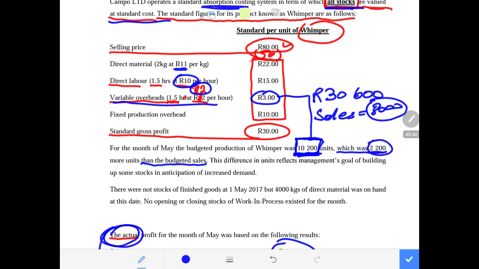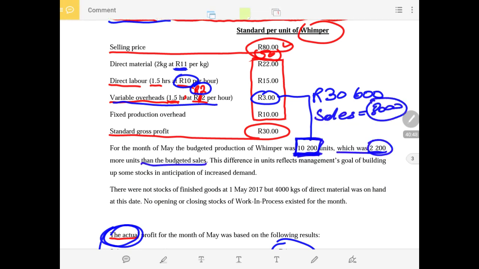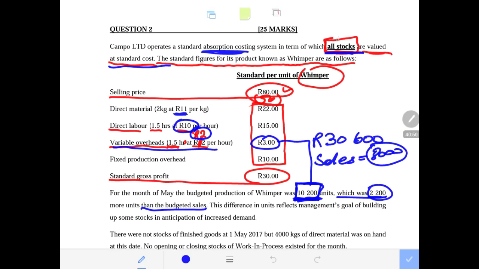So now remember, all stocks are valued at standard cost, and this is stock or inventory. All stock are valued at standard cost. Then the question is, this is the closing inventory. We need to know the total cost per unit standard. This is our standard cost, and our standard cost was 50 rand: 22 plus 15 plus 3 plus 10, that gave us 50 rand.